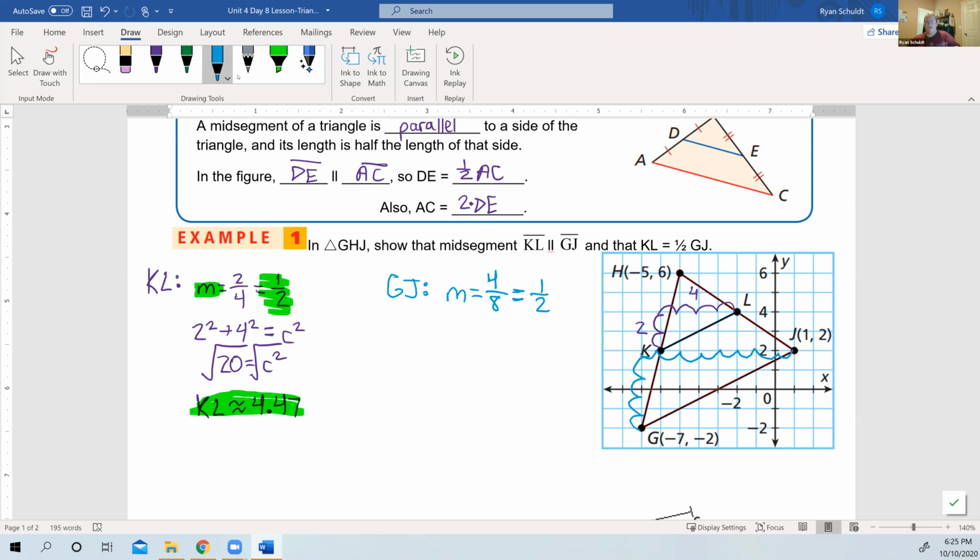Using the same 4 and 8, I can find my distance. So 4 squared plus 8 squared equals C squared. 4 squared is 16. 8 squared is 64. 16 plus 64 is 80.